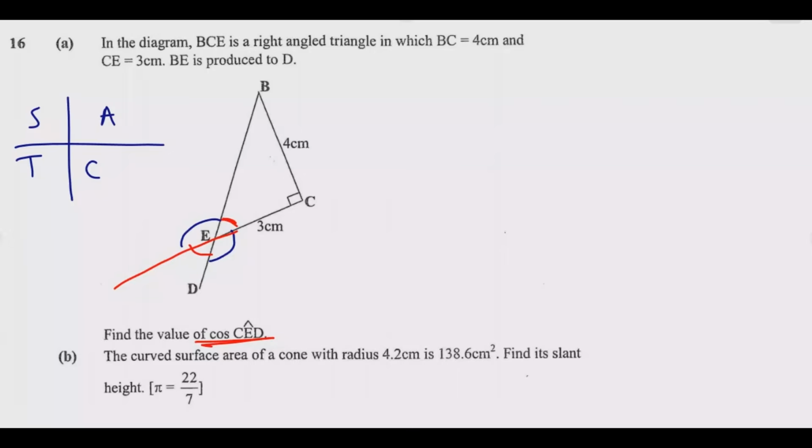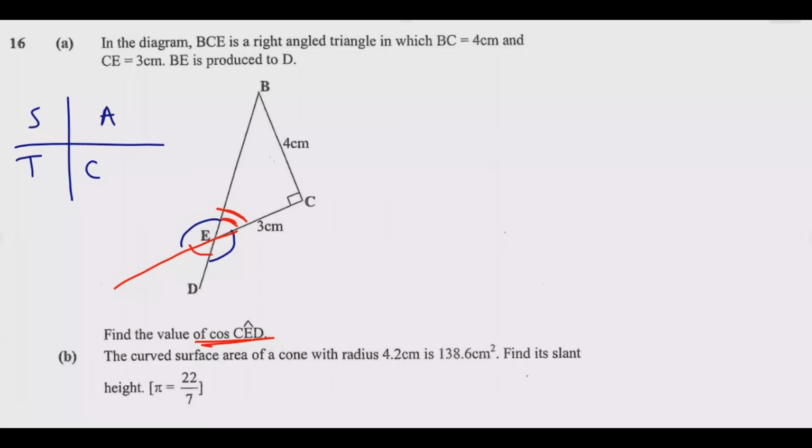So if we know this angle, to find the exterior angle, we negate what is inside, from the fact that the straight line is 180 degrees. It's that principle that we use.